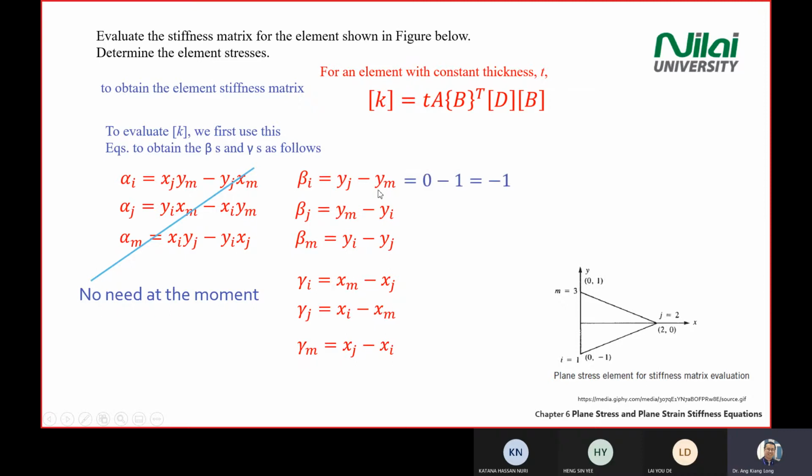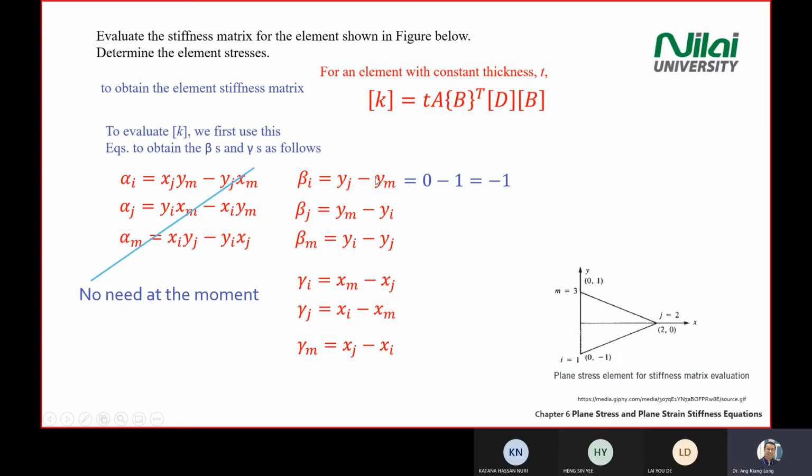Okay, for example, I do it for the first one for you. Beta I equal to yj minus ym. So what does this mean? It means you look at the diagram. yj means coordinate of your J point. So if a J point, you have X and Y coordinate. yj means you refer to the 0 here.